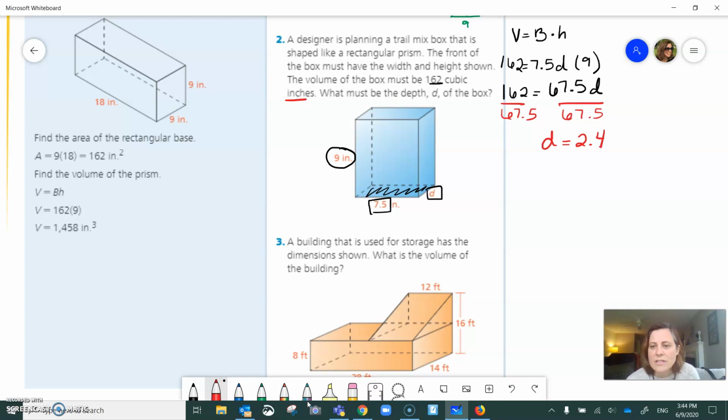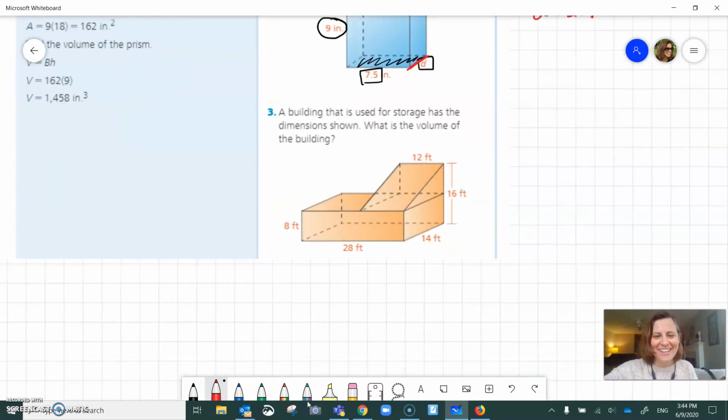And they are inches, and it's the length of a side, so it's just plain old inches. It's not inches squared, and it's not inches cubed. That's right. Okay, I'm on a roll.